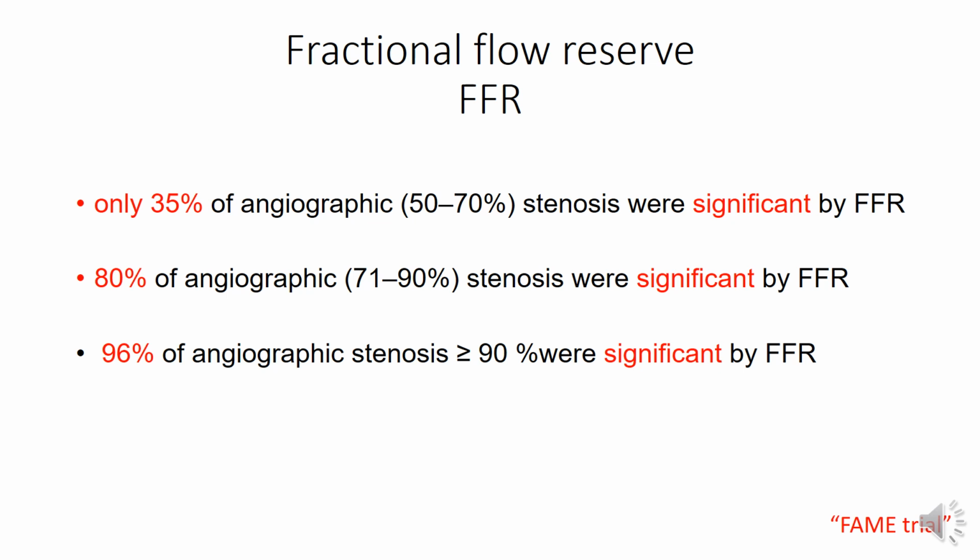So most cath labs adopt this threshold of more than 70% for identifying a significant lesion. By this method, you are 80% of cases concordant with physiological assessment with FFR. This accuracy rises to 96% if the lesion is more than 90% by angiography.